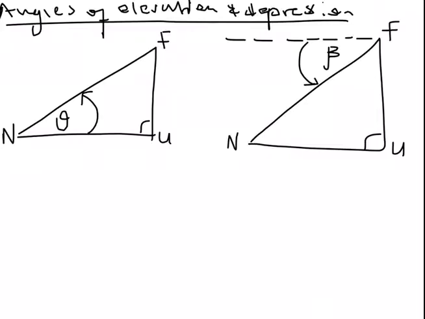This one, of angle theta, we call it the angle of elevation, which is the angle of elevation of F from N. And this other one, of angle beta, is the angle of depression of N from F. So you will always attach the "from" with the corner where that angle is formed.